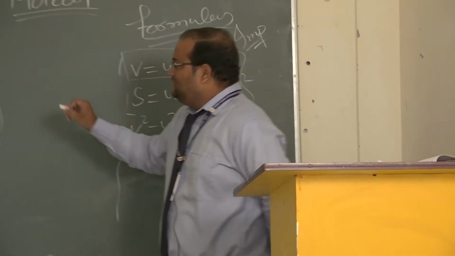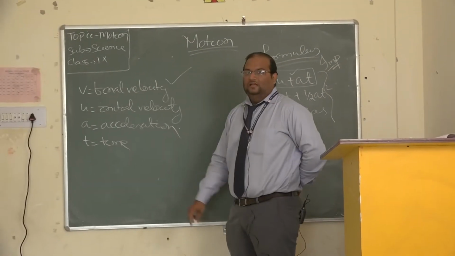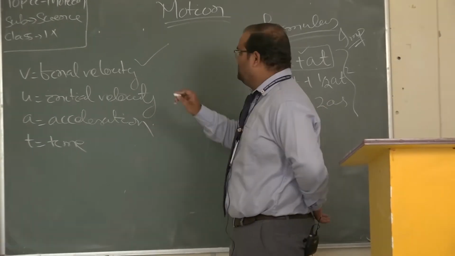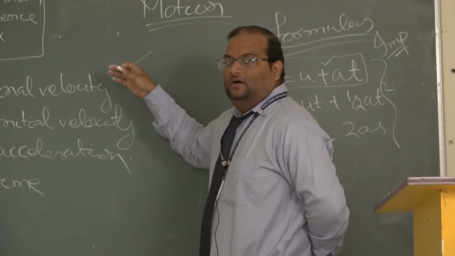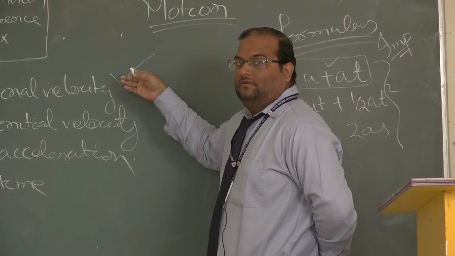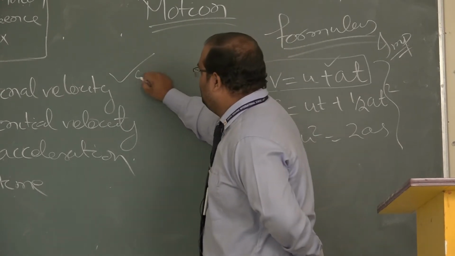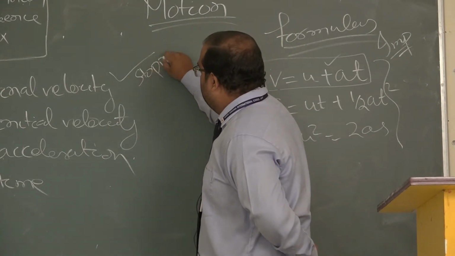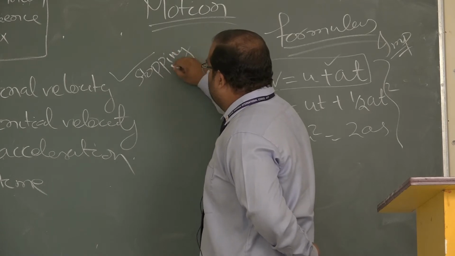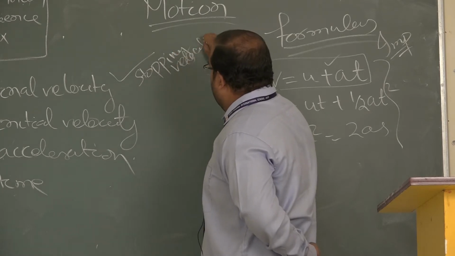Now what is final velocity? Final velocity is the velocity at which the vehicle or an object stops. It is the stopping velocity.